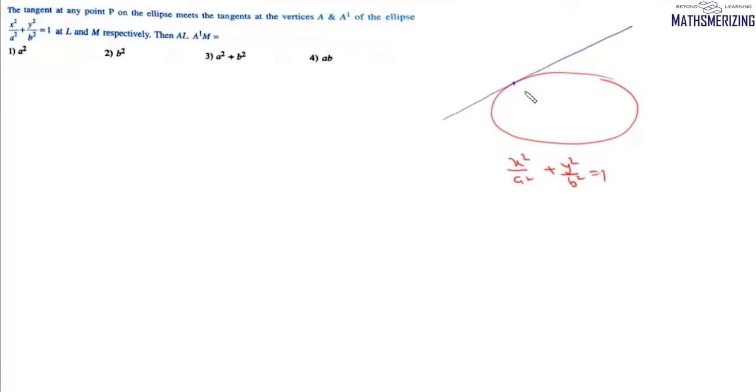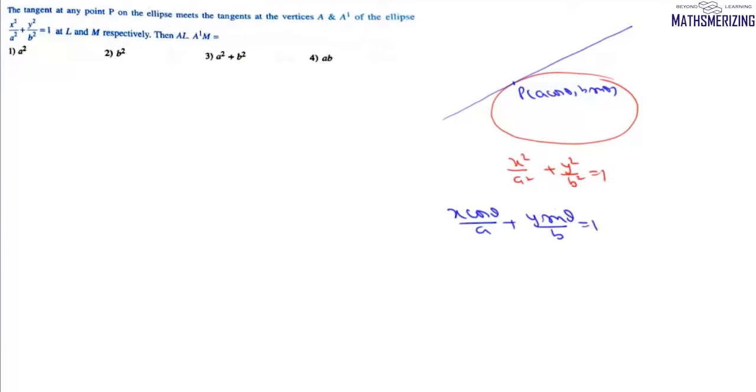So let this point be (a cos theta, b sin theta). Now we know that at this point P, the equation of tangent will be given by x cos theta upon a plus y sin theta upon b, and it is equal to 1.